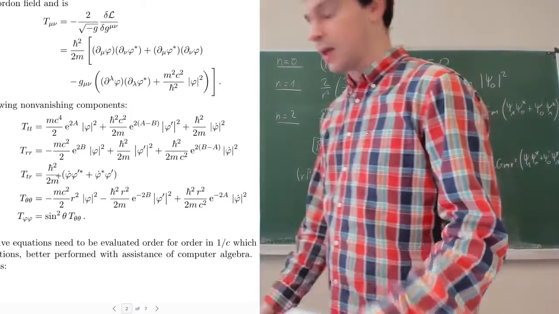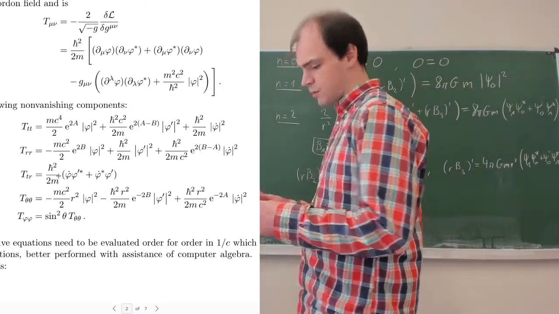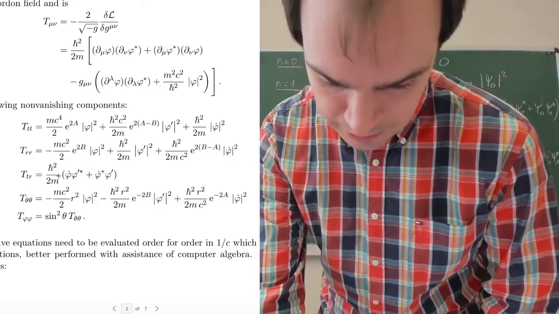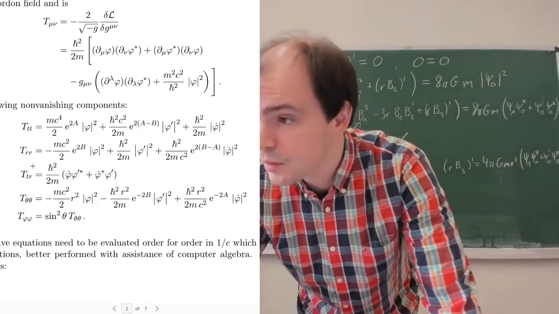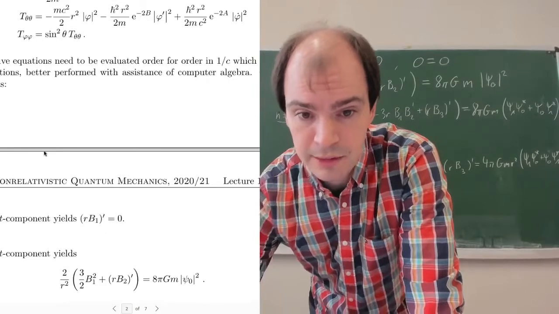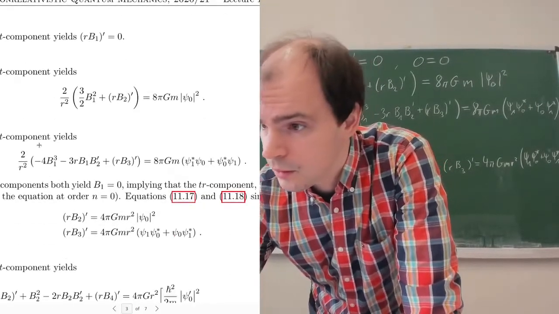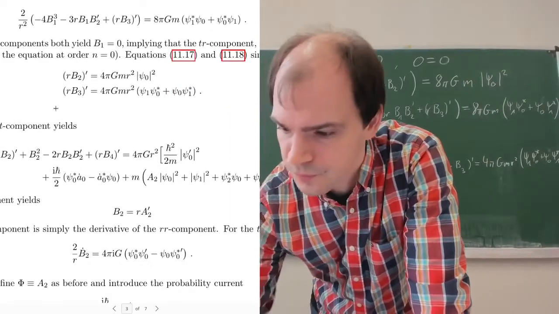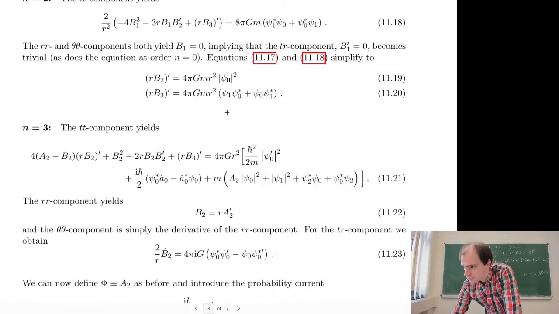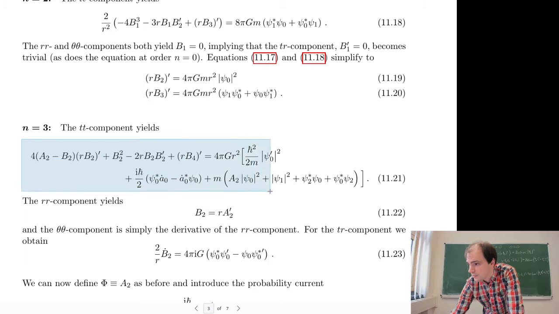Now we can go to the next order, n equals 3, and I don't give you the equation at the board. I just show it to you in the script. So for n equals 3, we find this result.